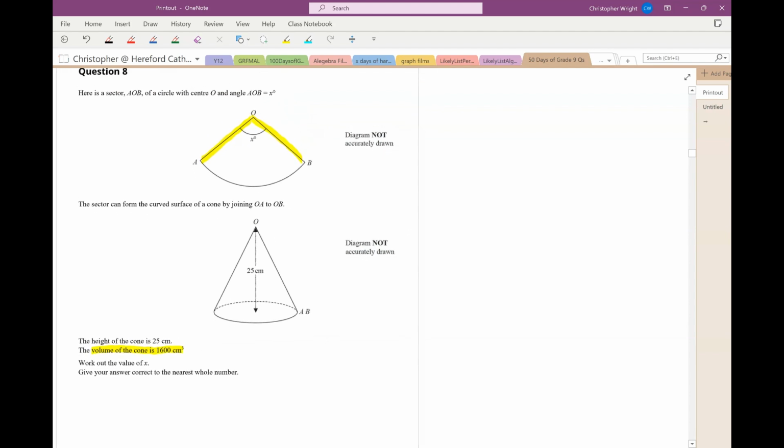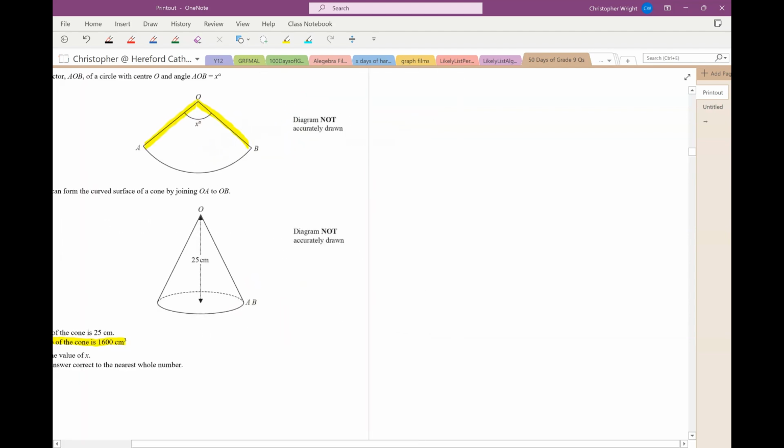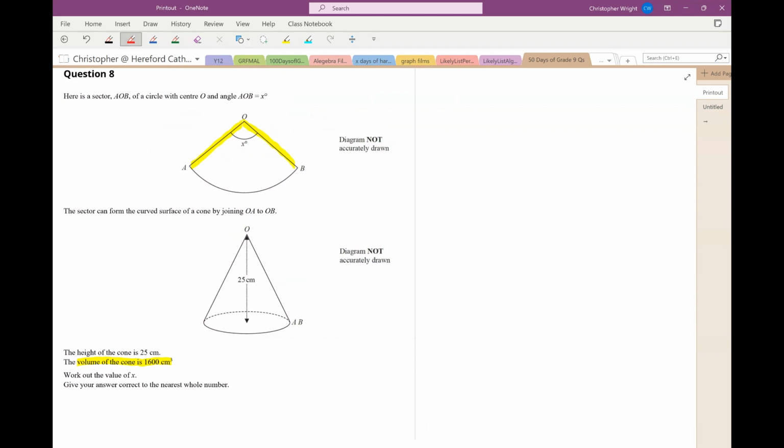Well, let's start out by using the fact we've been given about the volume of the cone. The volume of the cone is 1600 cubic centimetres, and the formula for the volume of the cone is 1/3 pi r squared h, and I know that h is 25.